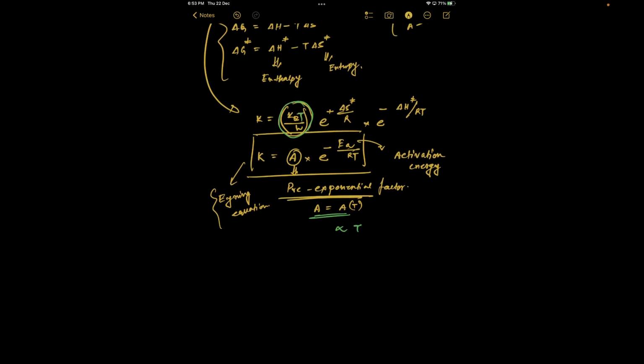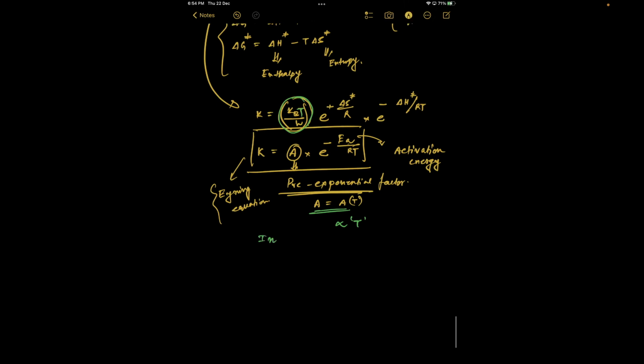Proportional to temperature T, right? So it is important that in transition state theory, from the Eyring equation, the pre-exponential factor is temperature dependent, proportional to T.